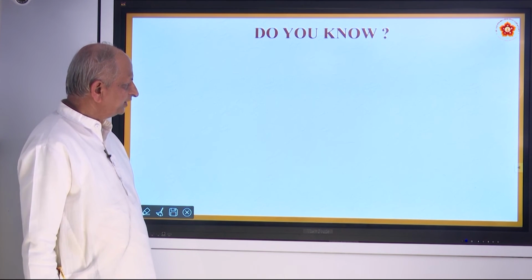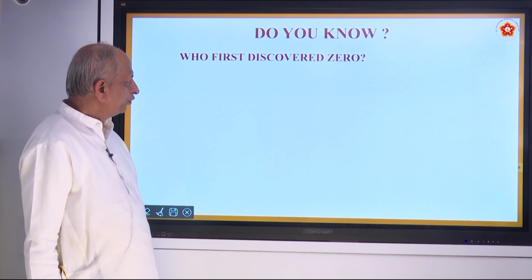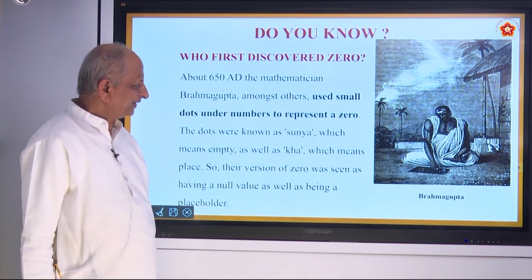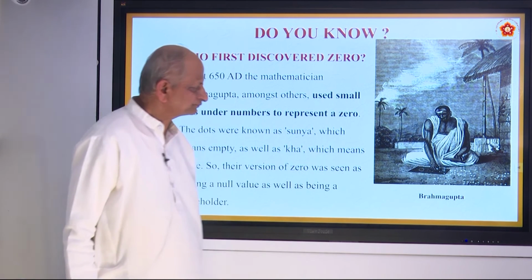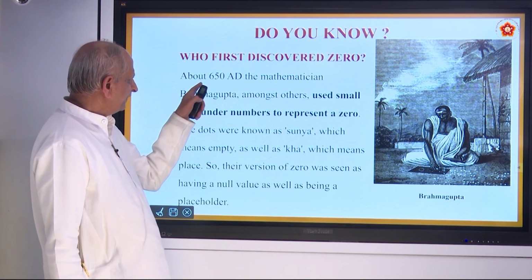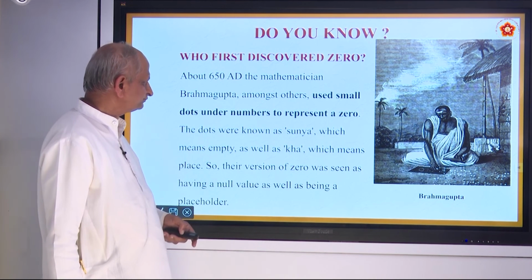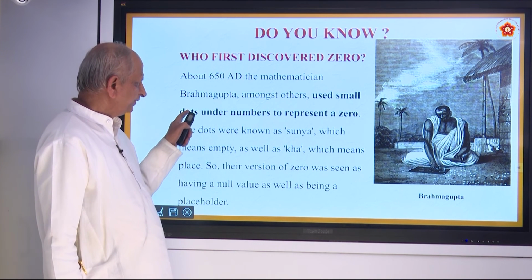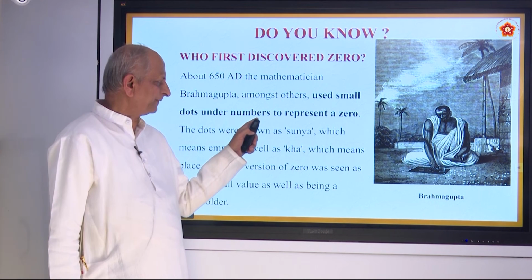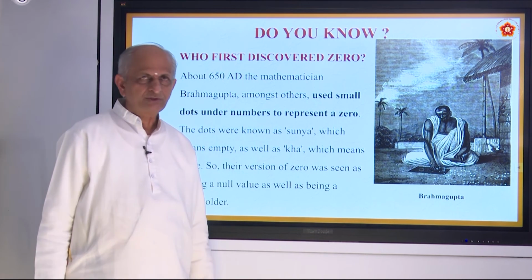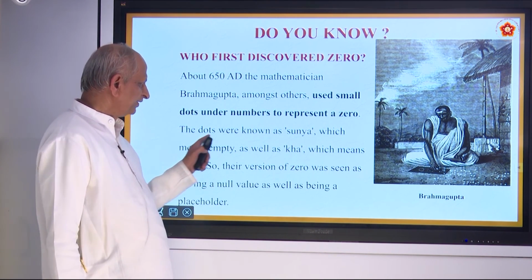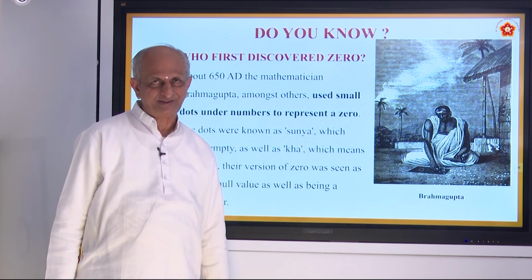Now one interesting thing you must note. Who first discovered 0? It was Brahmagupta, great mathematician of India, about 650 AD. He, amongst others also, used small dots under numbers to represent a 0. These dots are known as shunya in Sanskrit.